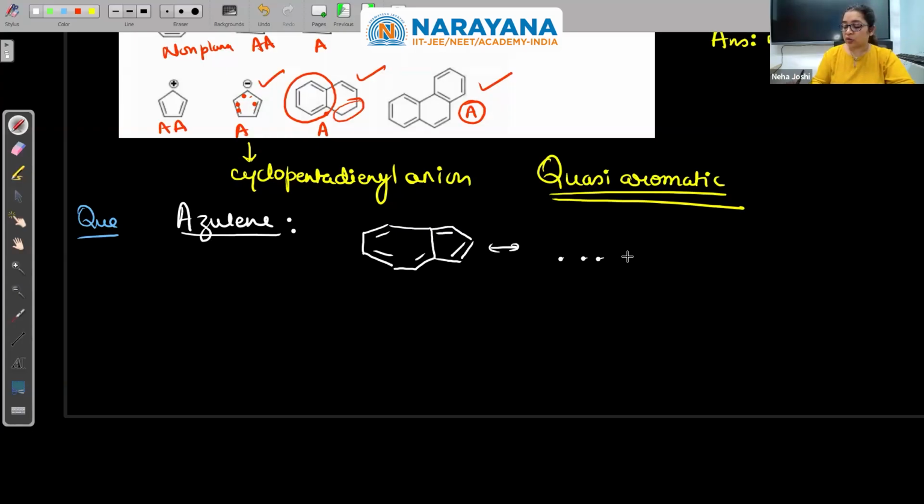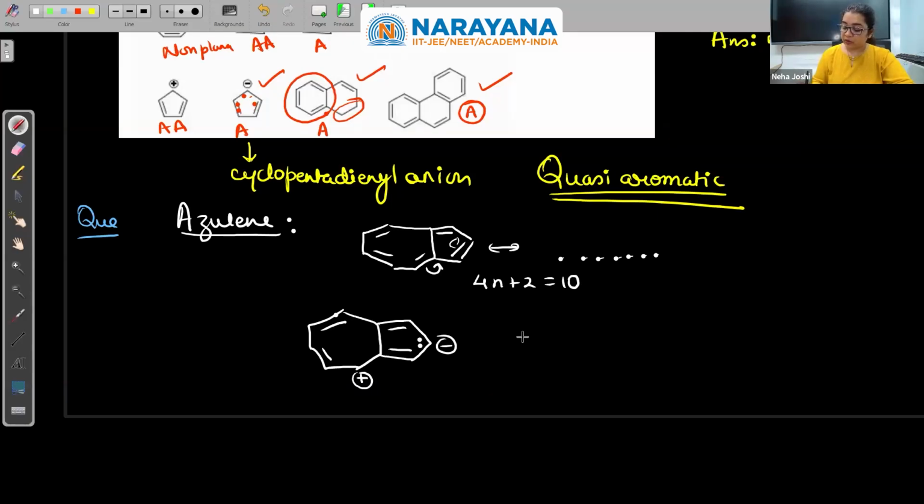If you draw its resonating structures, the 7 member ring will be polarized, having its individual aromatic cloud, if I do it this way, minus, like this. Clear? So this is an independent aromatic cloud. This is an independent aromatic cloud. So basically it is 4n plus 2 equal to 10, like naphthalene.